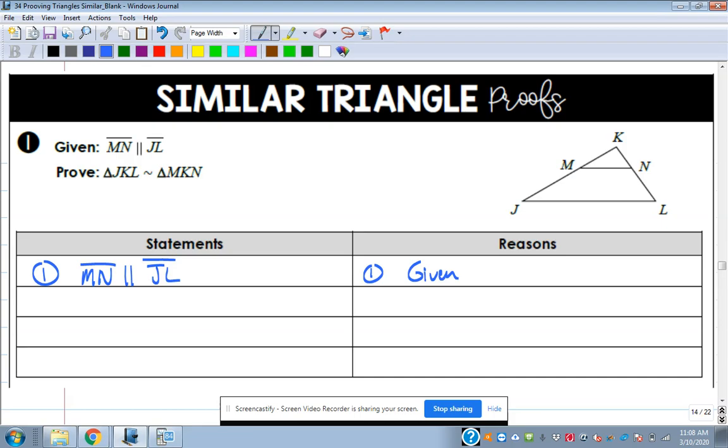MN is parallel to JL. So I'm just going to mark that here on my picture. What does that open up? Okay, so let's name the angles the correct way, because there's more than one angle coming out of M. Angle MJL is congruent to angle JMN.